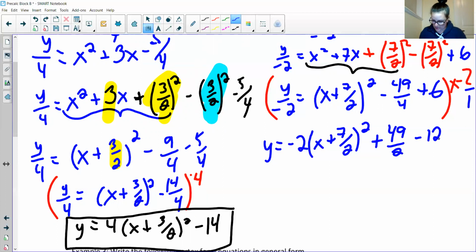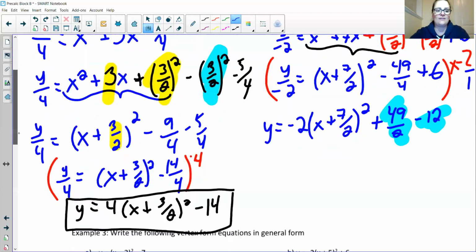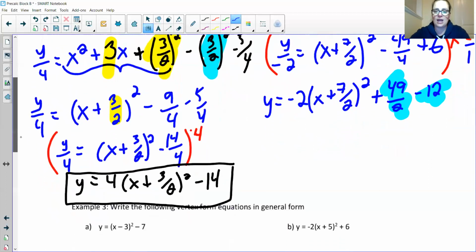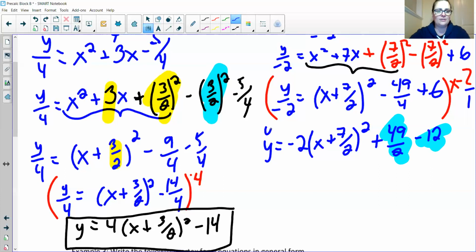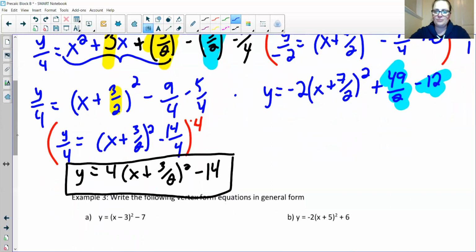Right. So that is not quite done though, because I have these lovely things here. They are like terms, but I need to make them have an equivalent denominator in order to add and subtract. So now I'm going to do a little bit of fraction review for you guys. So we get y equals negative 2x plus 7 over 2 squared plus.